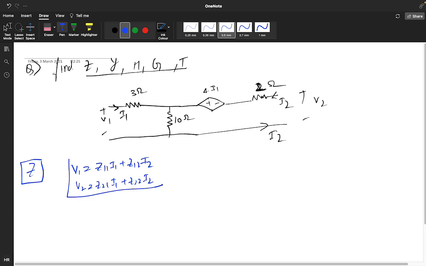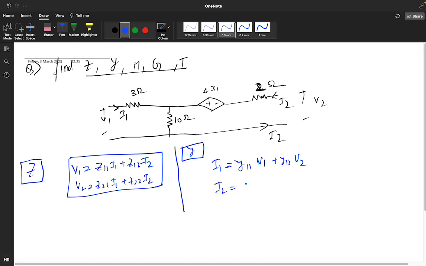This is for the Z parameter. What is the general equation for the Y parameter? I1 is equal to Y11 V1 plus Y12 V2, and I2 is equal to Y21 V1 plus Y22 V2. So this is the Z parameter, this is the Y parameter.